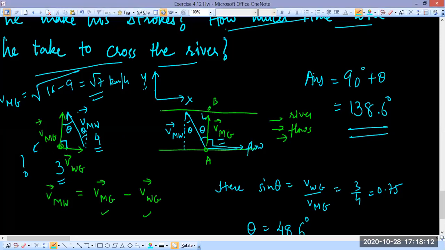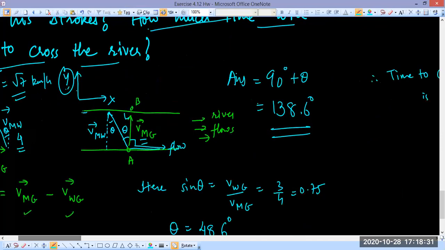We should take only that velocity which is in the y direction. That's why you just can't take 4 or 3 or anything and just divide, right? Okay, then that's it. I don't think anyone else has questions.